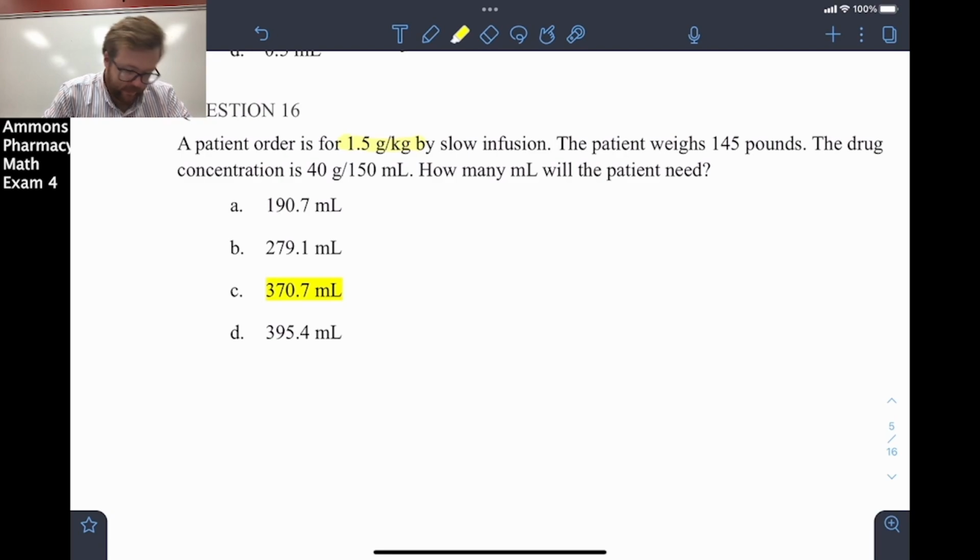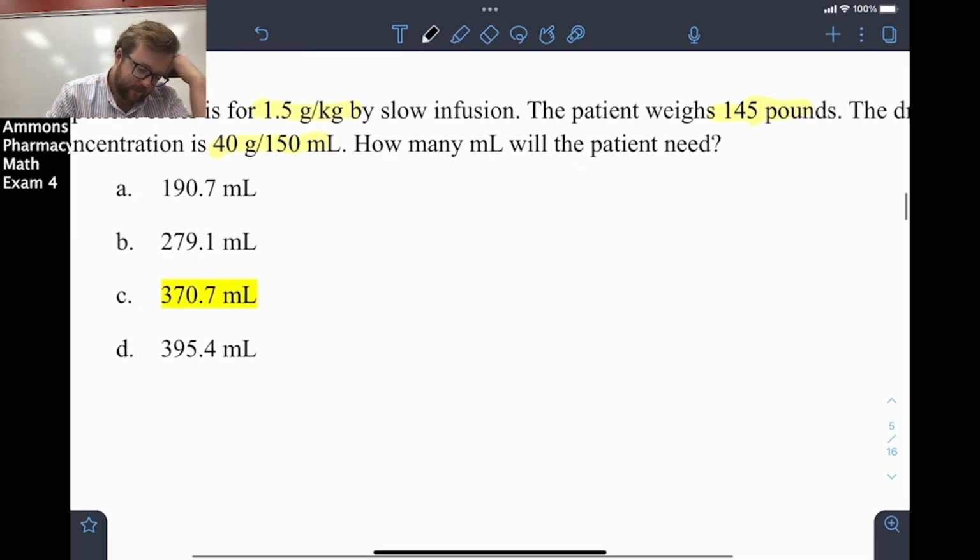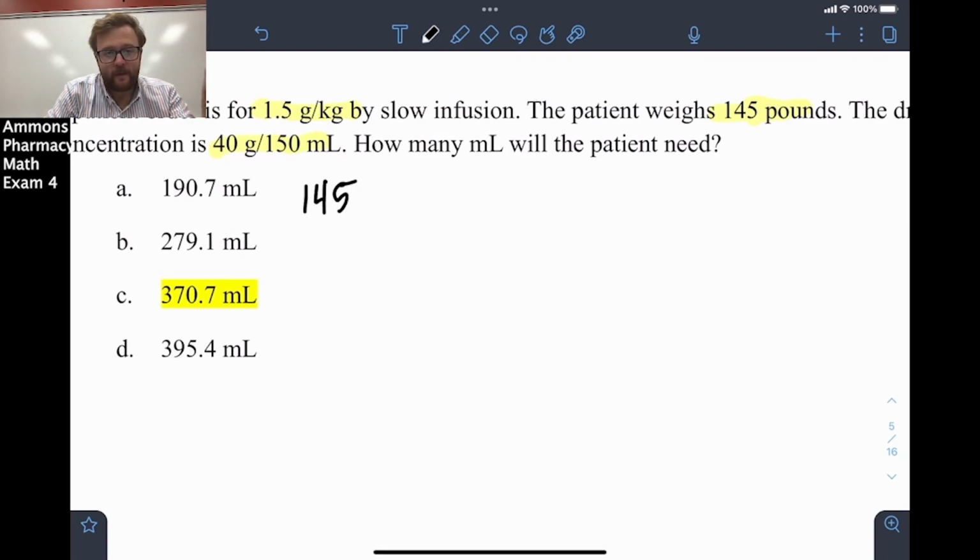1.5 grams per kilogram. He weighs 145. The drug concentration is 40 grams per 150 mils. How many mils will the patient need? So once again, he weighs 145. I'm going to go ahead and start omitting this because it's just divided by 2.2.